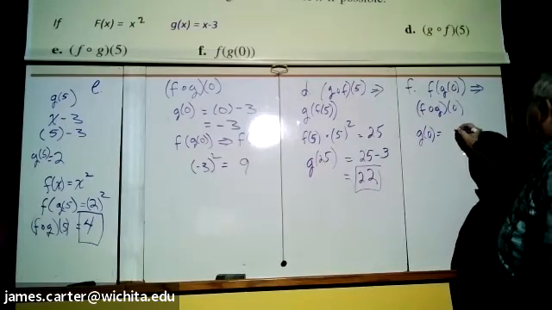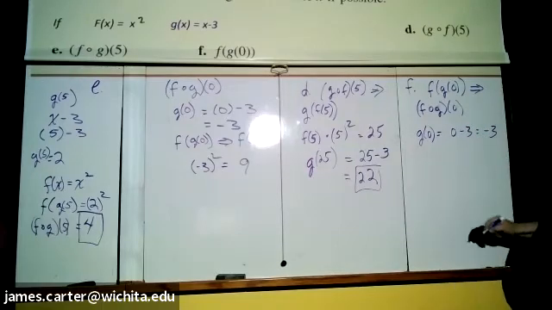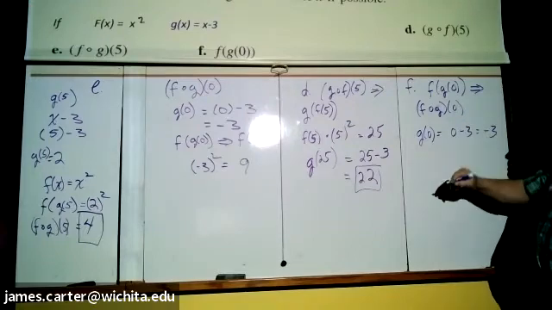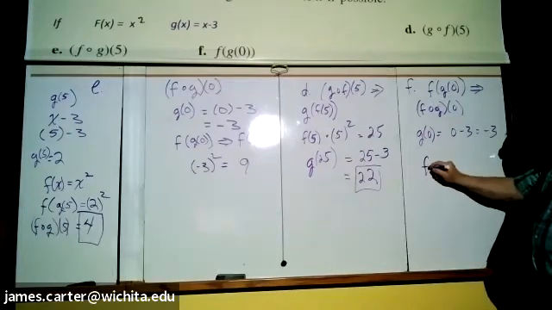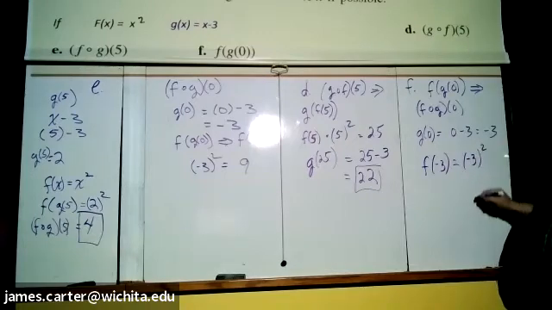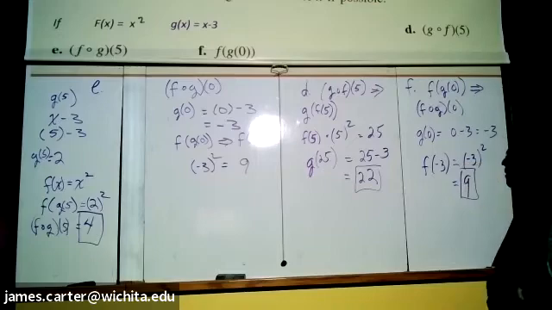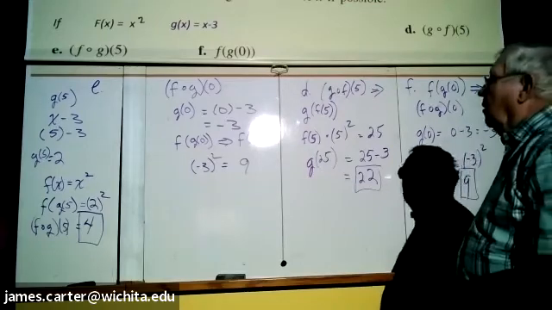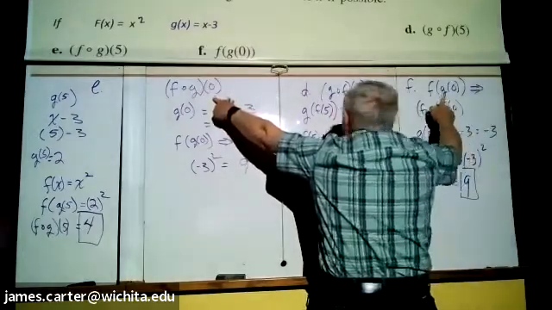G of 0 would be 0 minus 3 equals -3. So we take the -3 and we substitute it in, and we get for F of -3, we get -3 squared, which is 9. Now, you might ask, why are these two the same? Because they're the same problem, just written a different way.